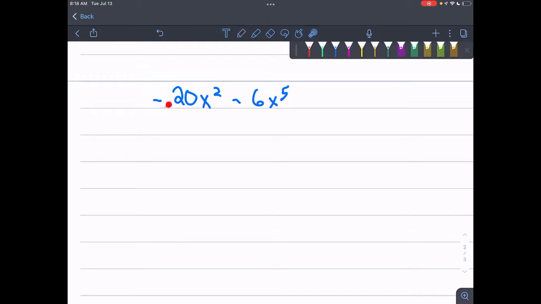So factoring something that starts with a negative, this is not 100% necessary here. Later on it will be, but if it starts with a negative, take out a negative. 20 and 6 are both even, so we know we can take out at least a 2.